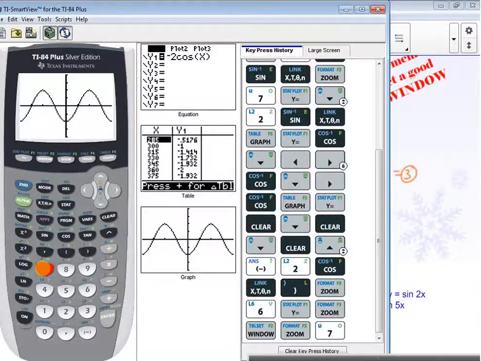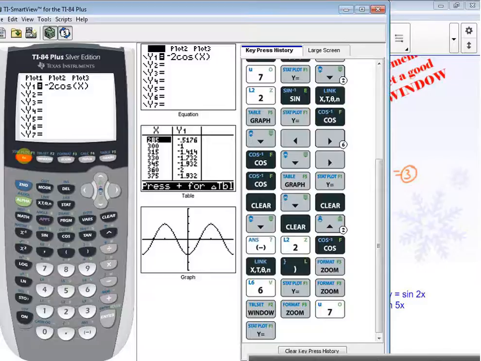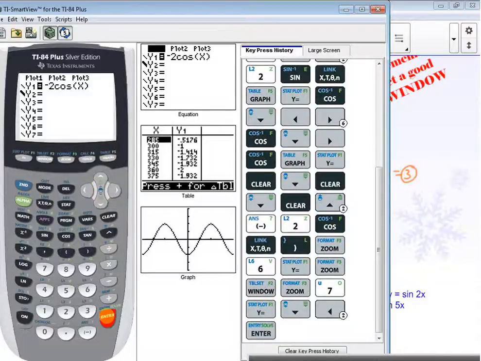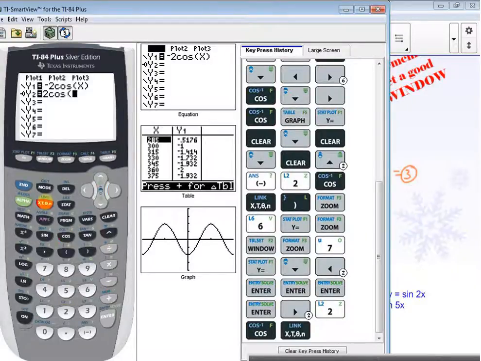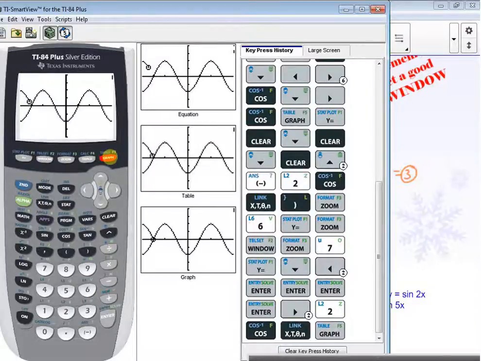Okay, so if you take a look at y equals cosine x now, and we trace that on top of it, and we go over, and let's have it draw it. So -2 cosine x. Let's hit graph. So you can see it drawing it.